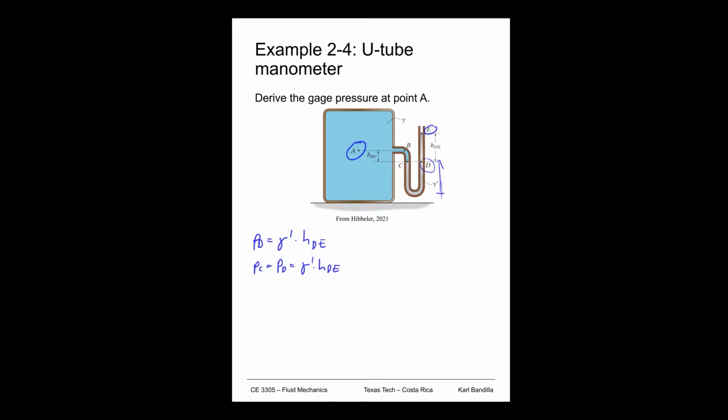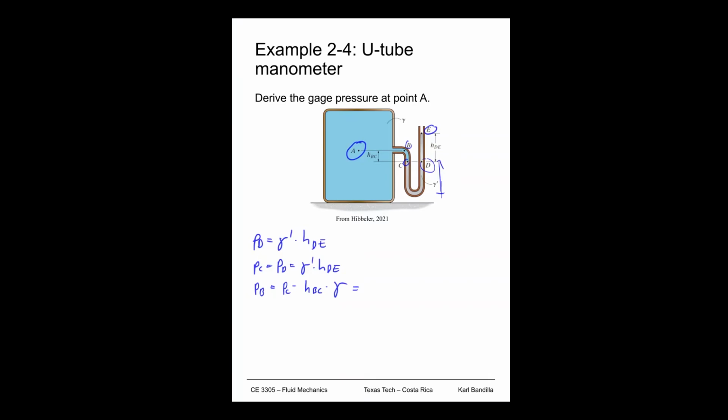So now if we want to go from C to B, then we go upward. So let's say PB would be PC. If we're going upwards, it's negative, because it's getting less pressure. And the distance there is h_BC, and the specific weight is now gamma.